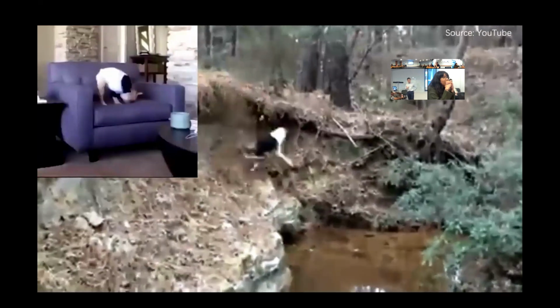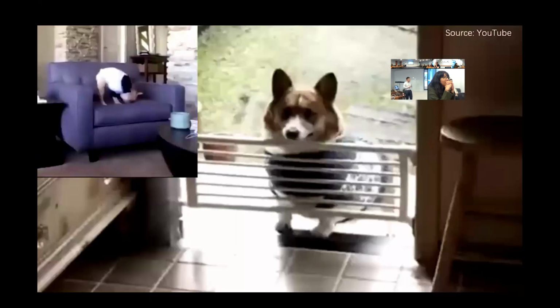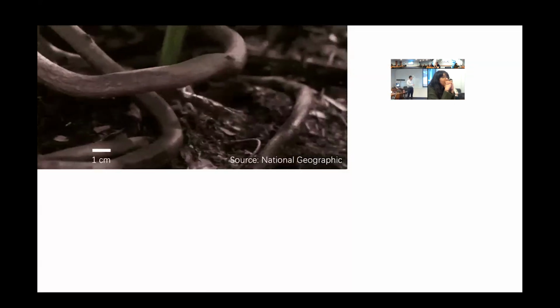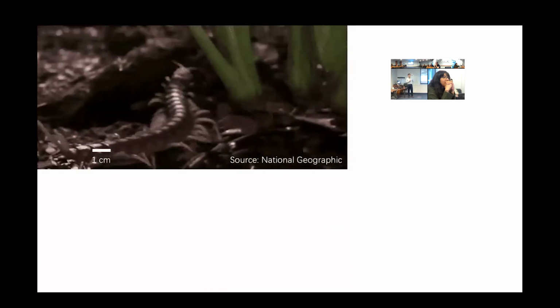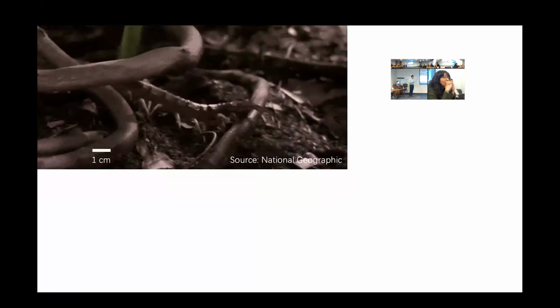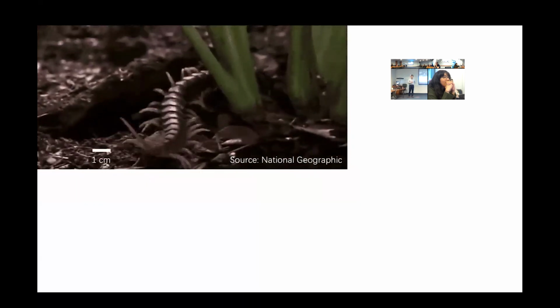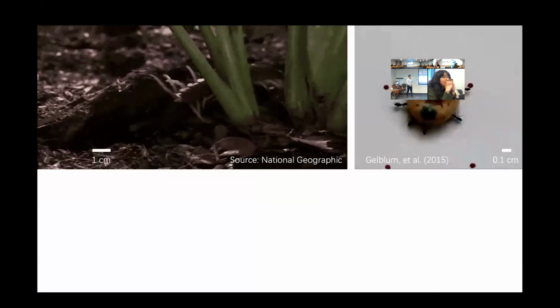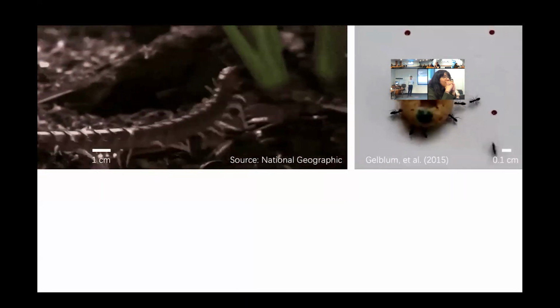I was trained as a biophysicist specialized in arthropods. I can give you a bunch of examples where those critters can do much better than a dog. Here's a centipede navigating complex terrains while being largely blind. And we also have ants that can carry a payload 20 times heavier than their body weight.